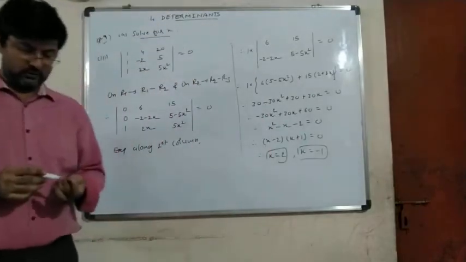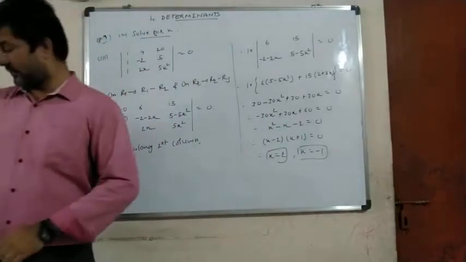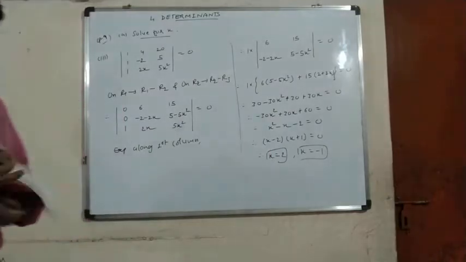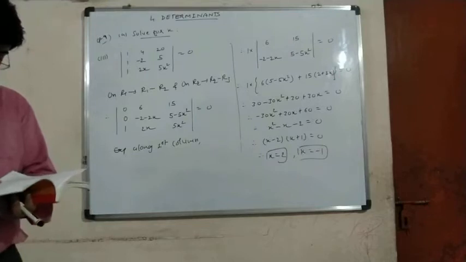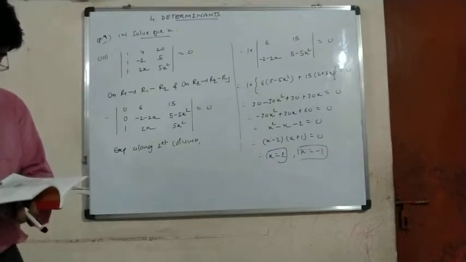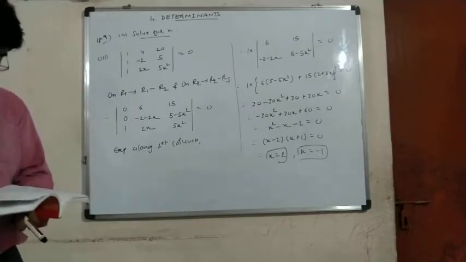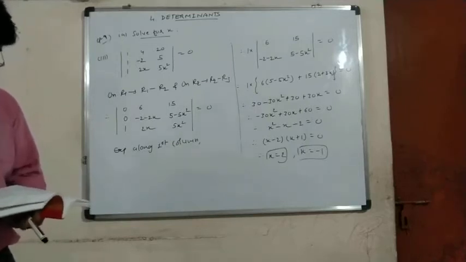So here we got the two values of x. One is 2 and the other one is minus 1. So this is the third one of question number 9. Now let us solve the fourth one.